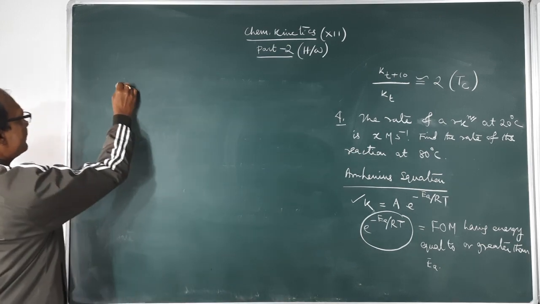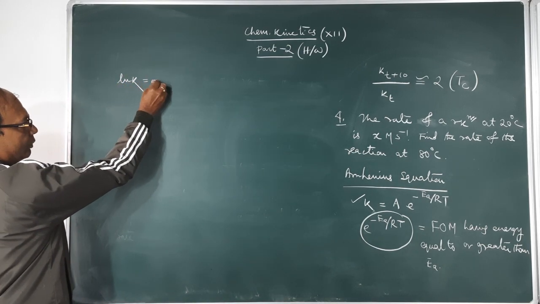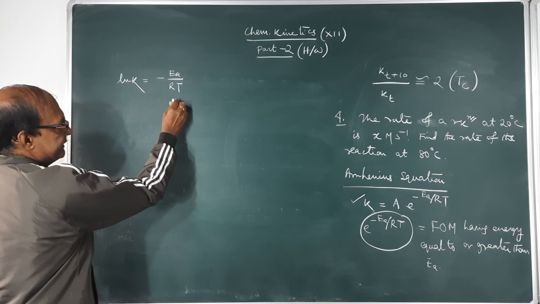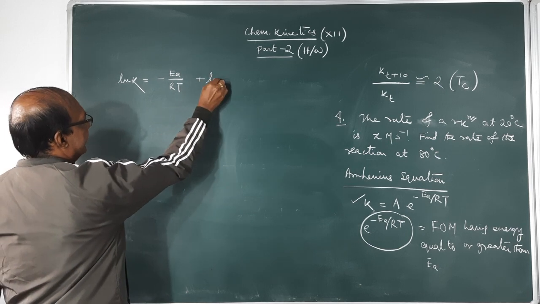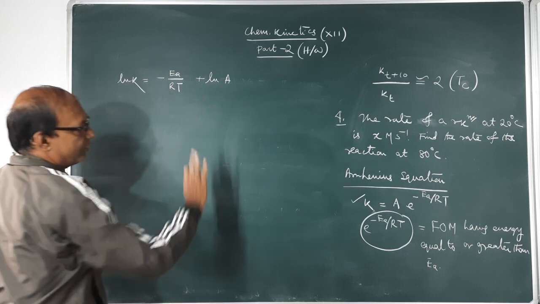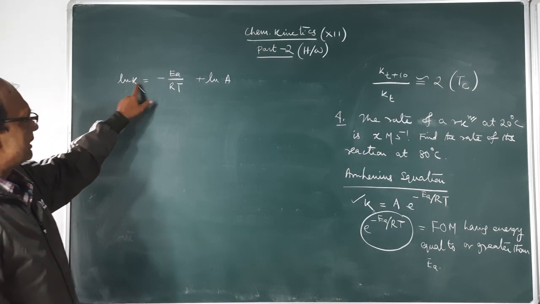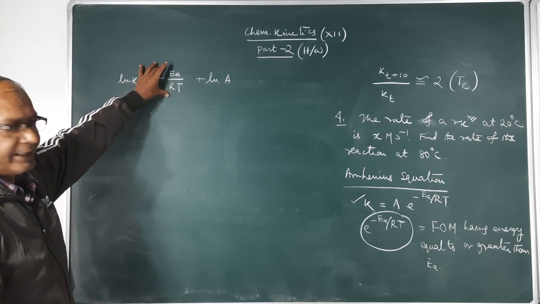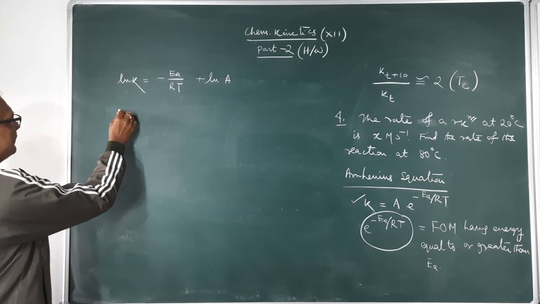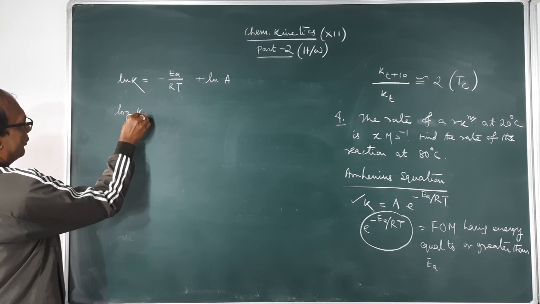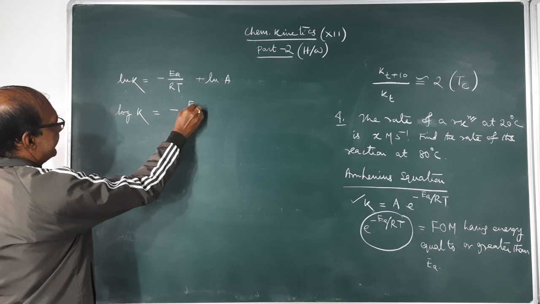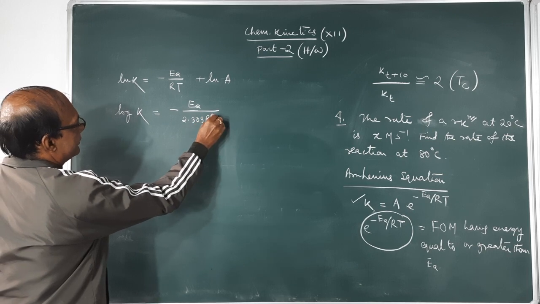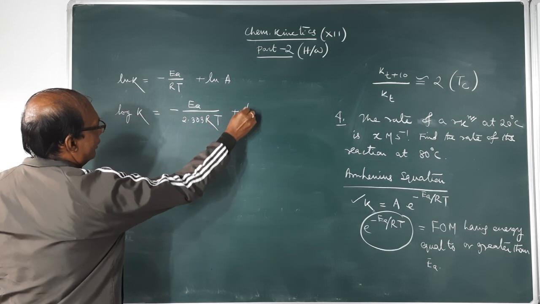So ln k equals minus EA by RT plus ln A. This is one of the forms. For ln k versus 1 by T, if we draw a graph, the slope of the line will be minus EA by R. Again, log k equals minus EA by 2.303 RT plus log A. This is another form.